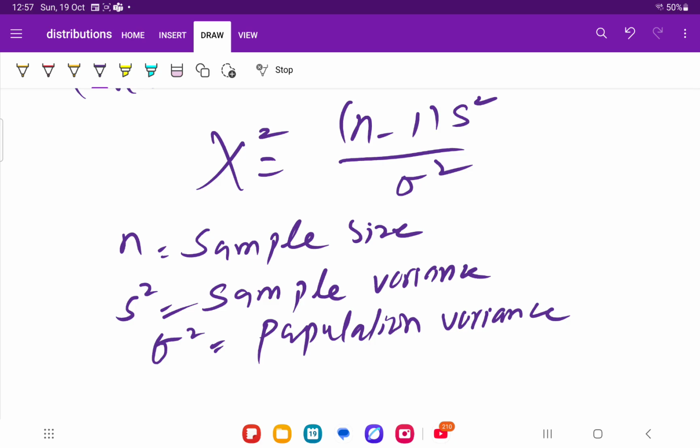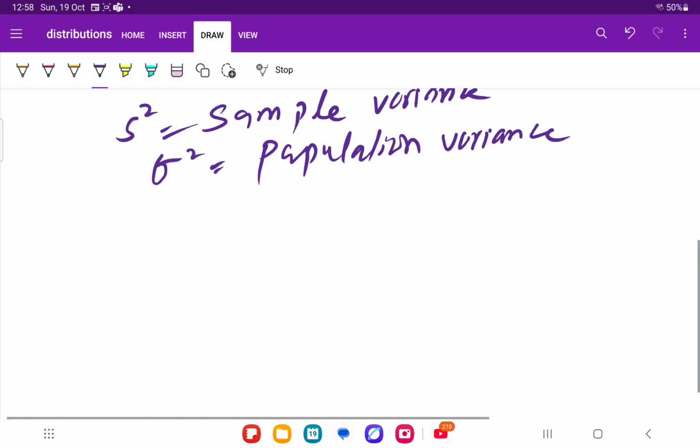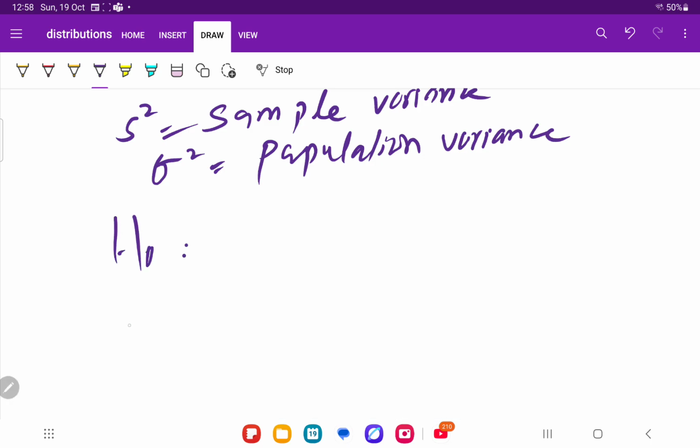Okay, so altogether we will identify all these n, sigma square and s square from the given data and try to calculate the chi-square value, and out of that chi-square we will conclude whether we are going to reject the null hypothesis or not. Okay, so there will be two types of hypothesis we will be facing: null hypothesis and alternative hypothesis.